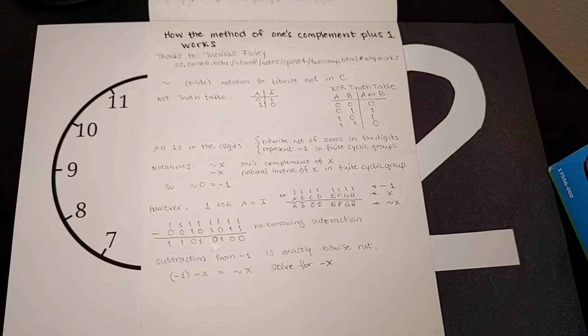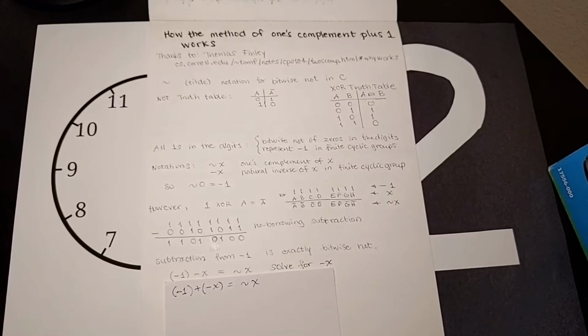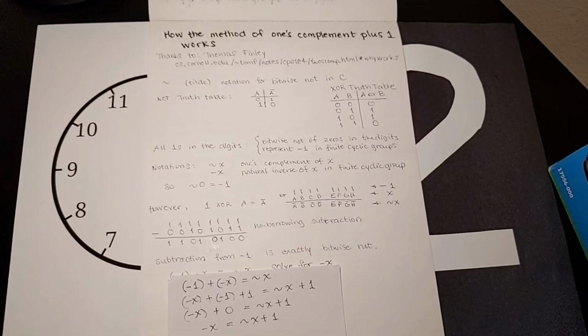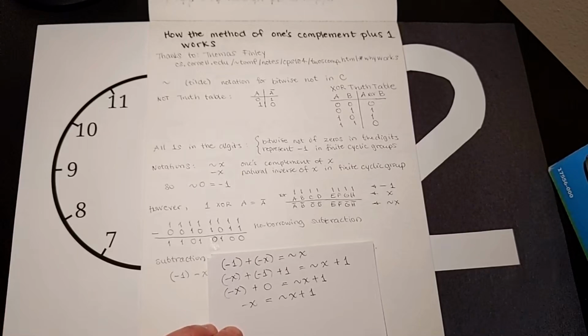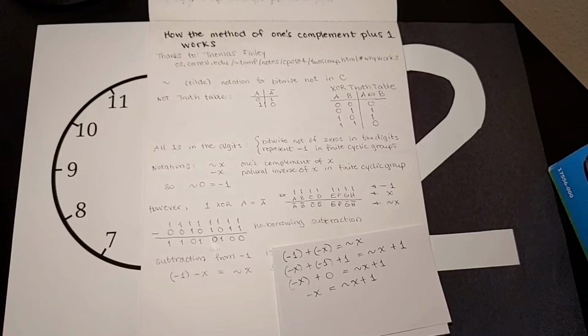But in finite cyclic groups, there is no subtraction. There is only adding an inverse. Now we have an equation where we can solve for -x, or the natural inverse of x. We can add 1 to both sides as we would in preschool algebra, and since cyclic groups are commutative, we can rearrange the left-hand side to -x plus -1 plus 1, that is equal to -x plus 0, or -x.